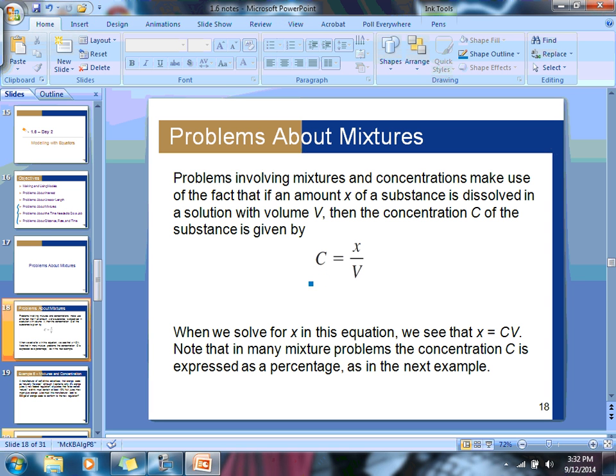And we could modify this equation if we needed to. We could multiply both sides by V so that we had the X, the amount of the substance, solved for. Or we could even solve it for V if we wanted to. But this is essentially what we're going to use in our next example.